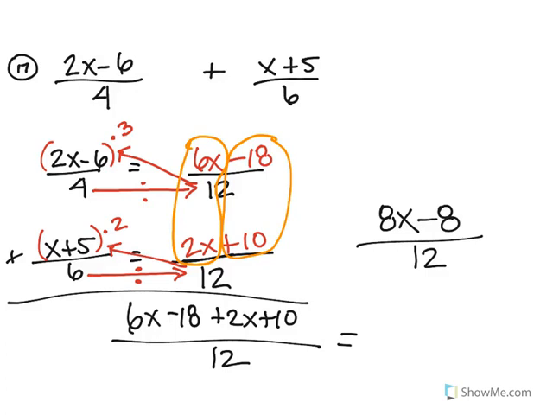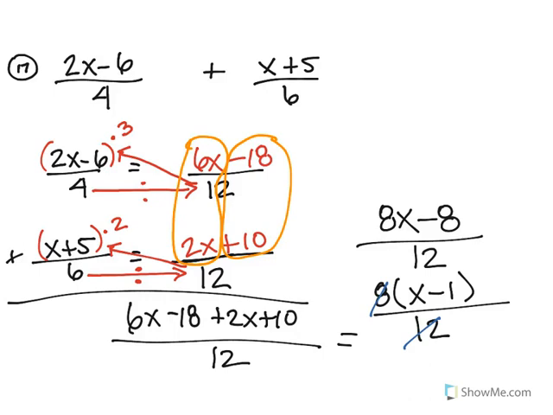Now, looking at that top, is there anything you can do to that top? GCF of 8, if you take it off, what's left? x minus 1, good. So now you've got a single 8 and a single 12. That can be what? Reduced. 8 and 12 have who in common? 4.